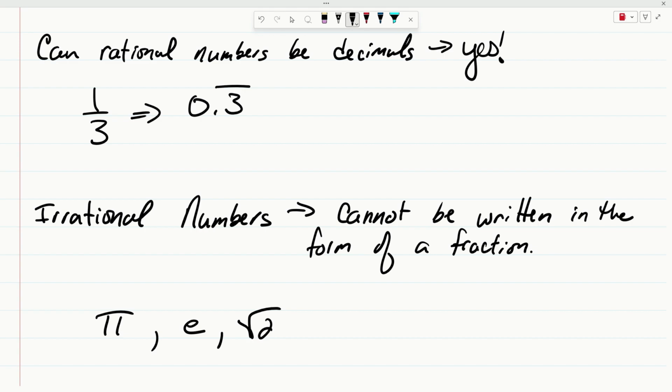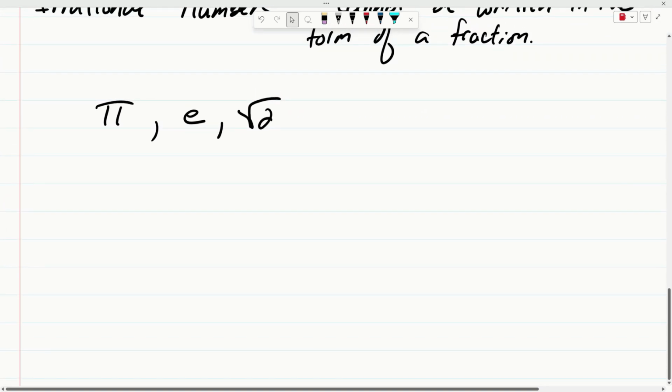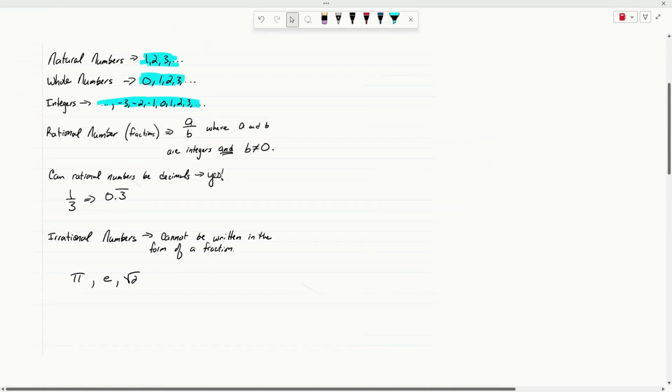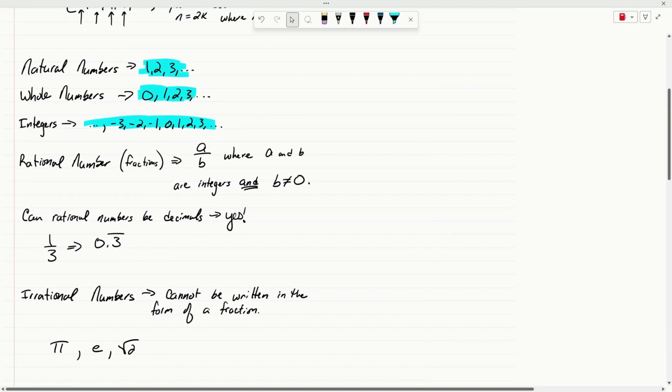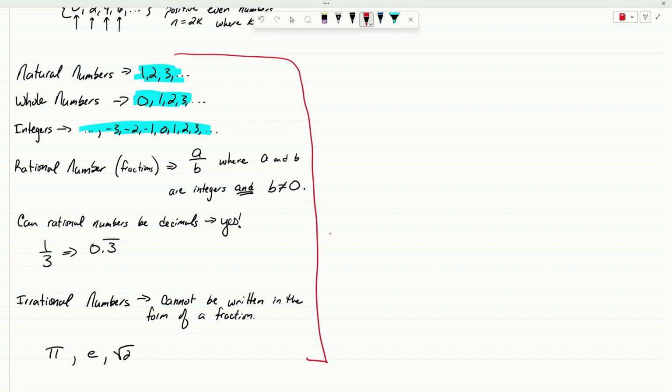So the next thing we got to worry about is, what do we do with all of these numbers, okay? Well, when you combine the natural, whole, integers, rational, irrational, when we combine all these numbers together, we've just created what we call the real number system.